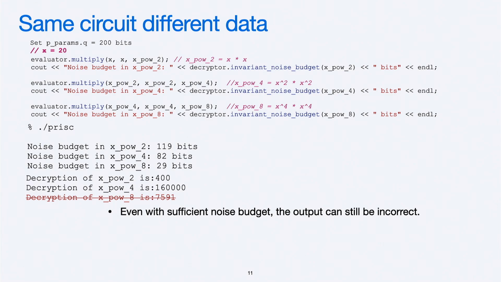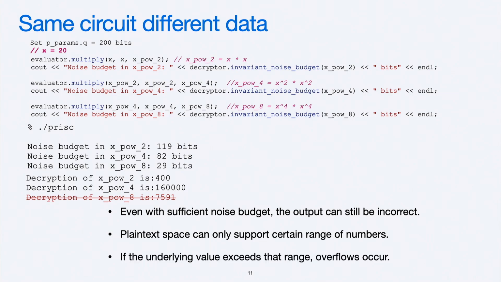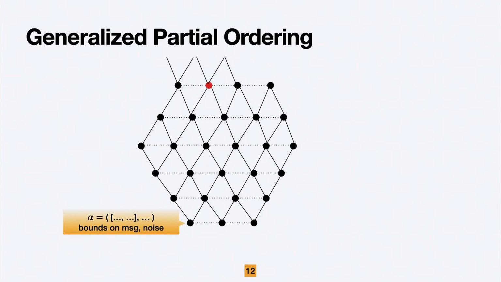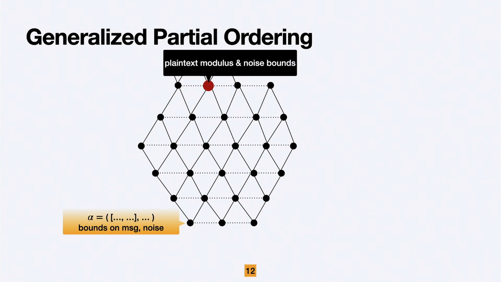This is because the plaintext, the polynomial we saw in the decryption, can only support a certain range of numbers. If the underlying message in the plaintext goes beyond that range, we get overflow errors. So again, we go back to the lattice. Alpha can be considered as a bound on the values.